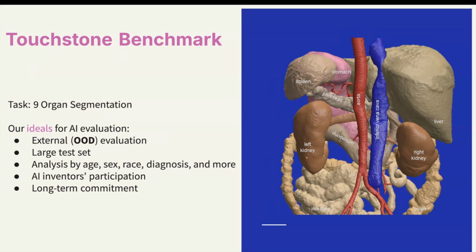And we propose these ideals for AI evaluation in medical segmentation, that is evaluation on out of distribution test datasets that can be unseen hospitals or other domain shifts, evaluation on large test datasets, analysis by age, sex, race, diagnosis, and more metadata information to understand biases and fairness of these networks, and inviting the creators of the AI models to train their own models, so we avoid the problem of unfair comparisons, and long-term commitment.